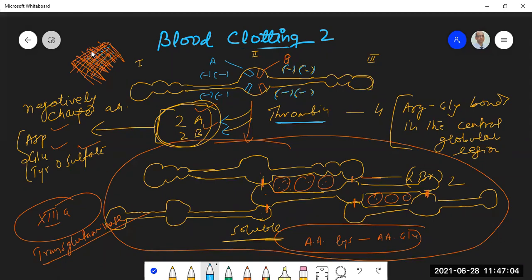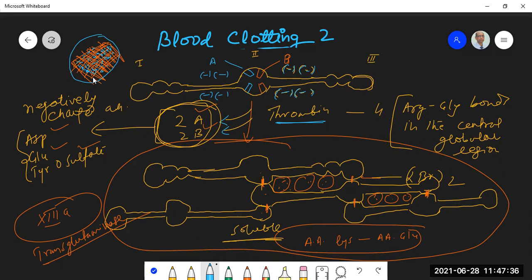So it will form a clot, and at the mouth of the wound this kind of structure will be formed, so blood will stop flowing out, right?